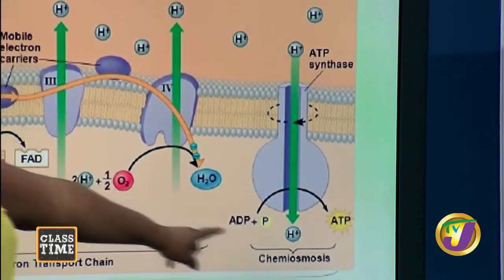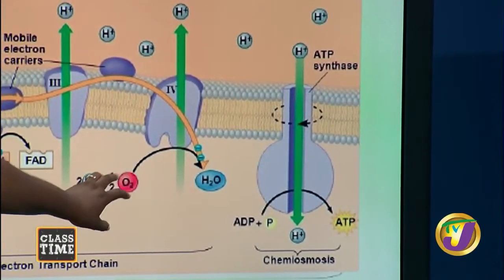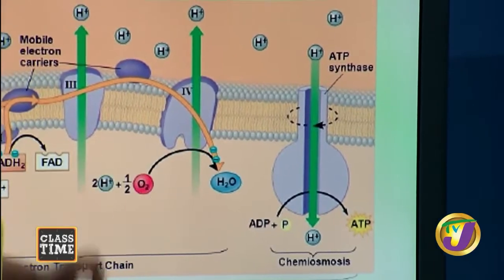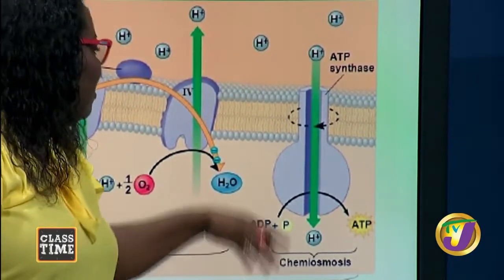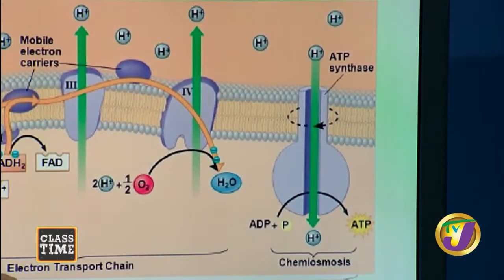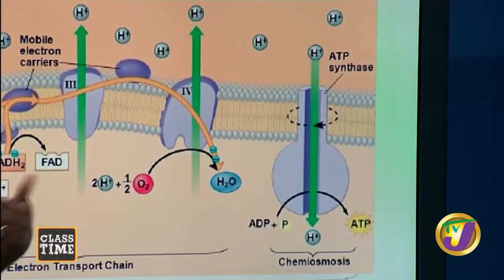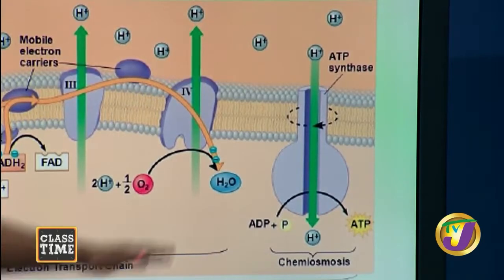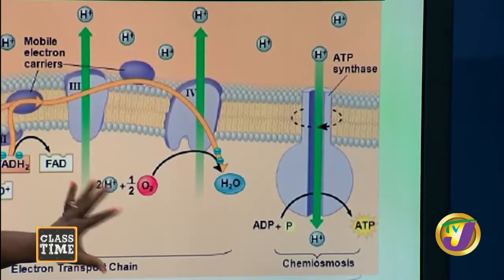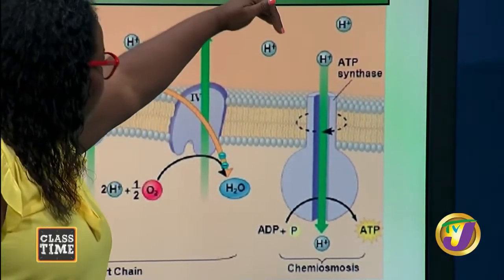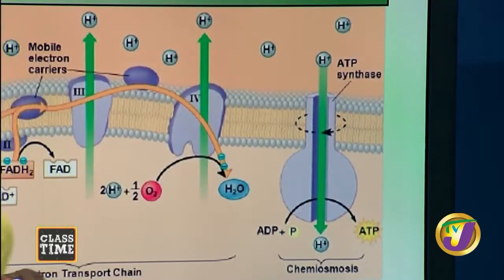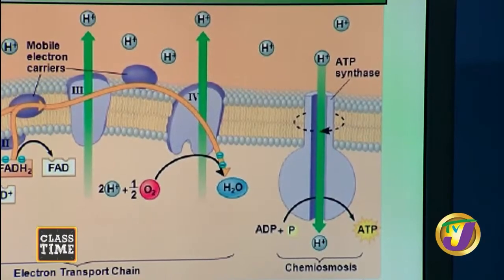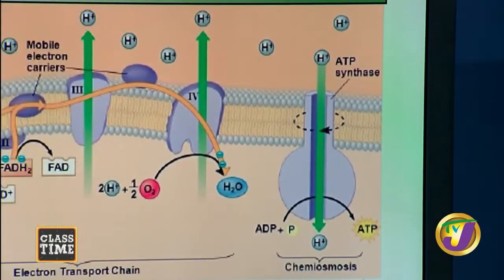Because this hydrogen is going to go and bind with the oxygen along with the electrons, this type of ATP formation is called oxidative phosphorylation, because oxygen is involved in the process somehow. And the process of having the hydrogen coming through the ATP synthase through the membrane is called chemiosmosis.